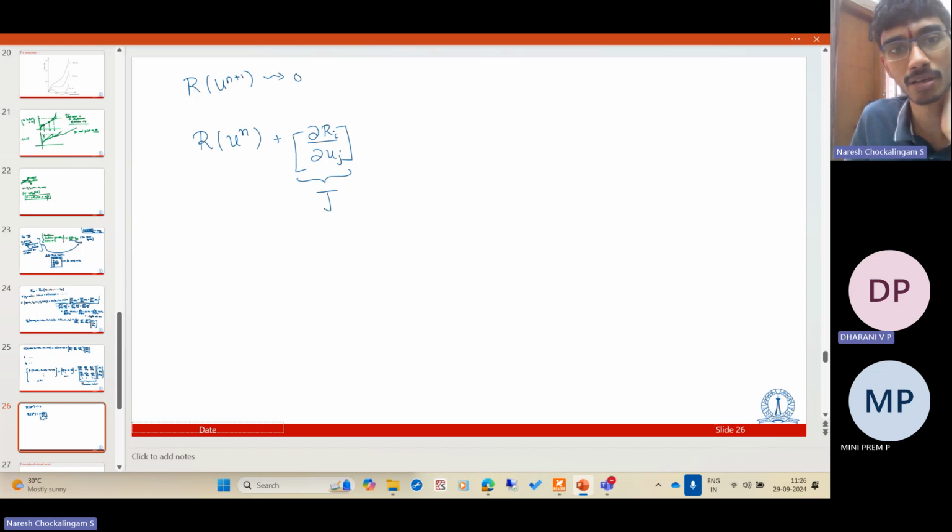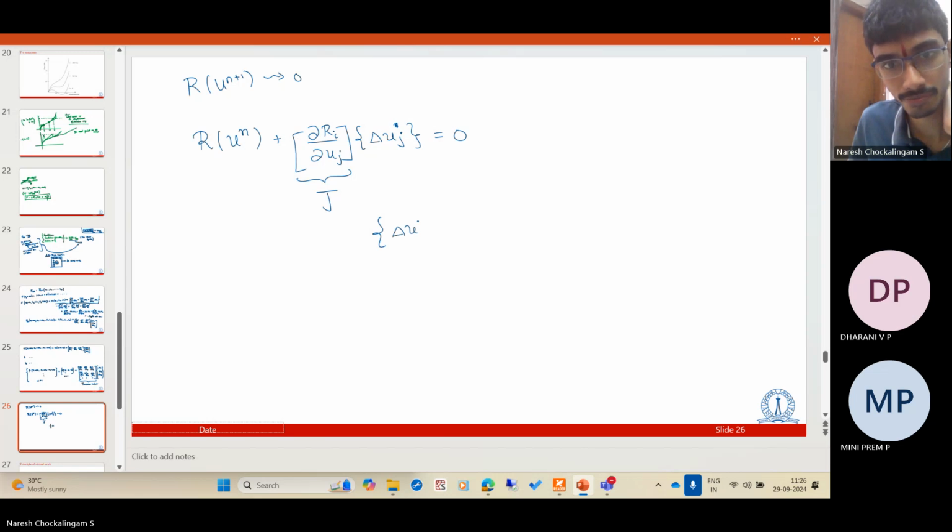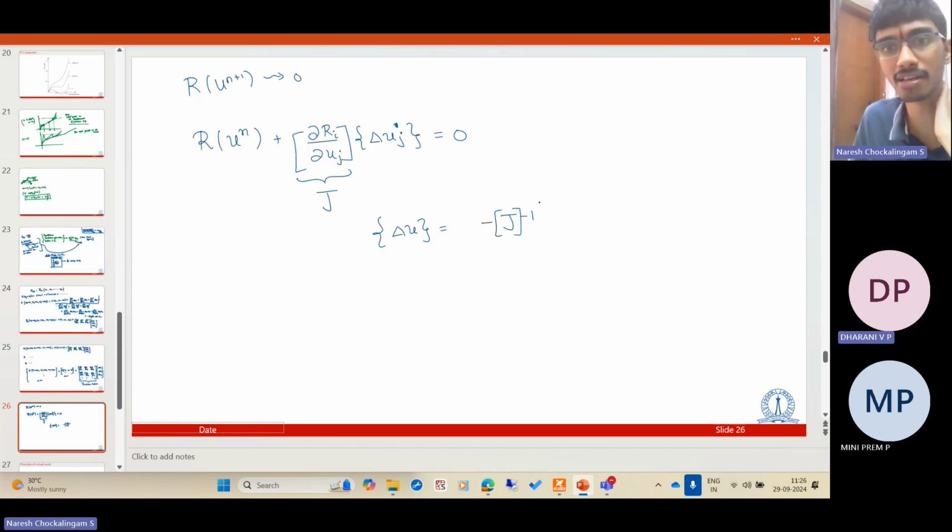Okay, so this is the Jacobian matrix times delta uj, which is the increment. This should be equal to 0. So what is delta u? Delta u is minus R of un divided by Jacobian. No, you can't divide by a matrix. It is Jacobian inverse, right? J is a matrix, so you cannot divide by a matrix.